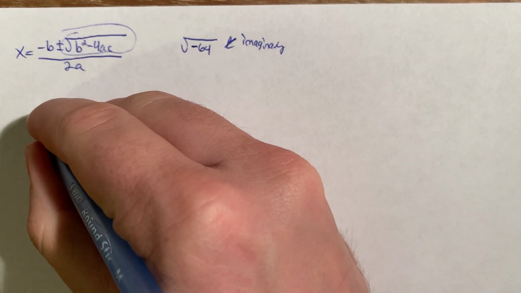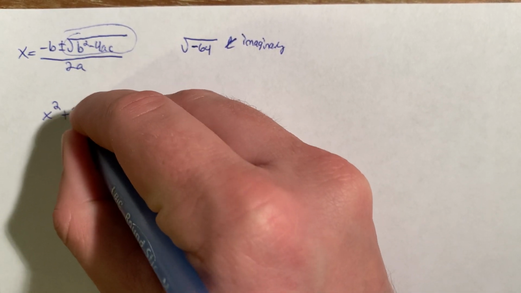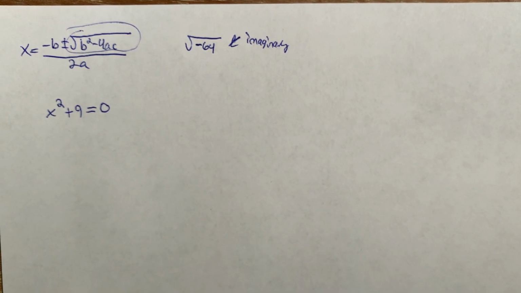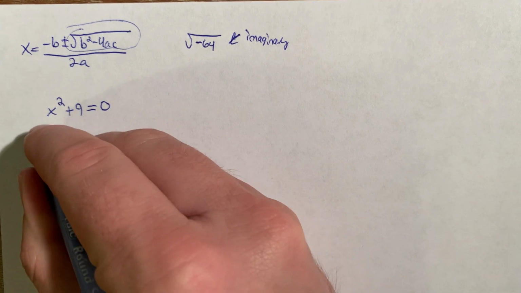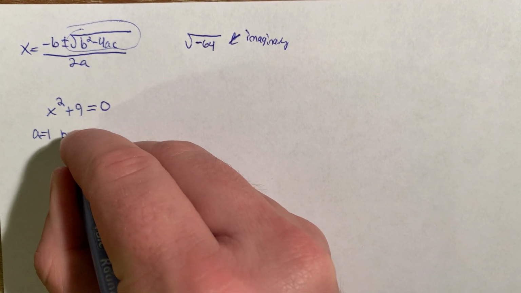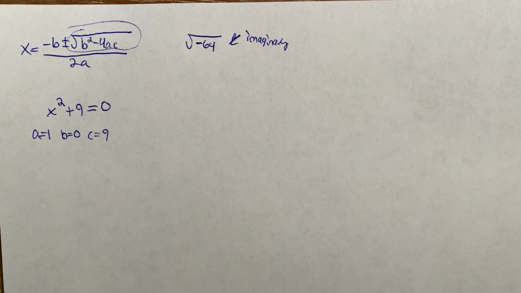Let's say we have the equation x squared plus 9 equals 0, and we want to do the quadratic formula on this. In this case, a is 1, b is 0, there's no x's, and c is 9.